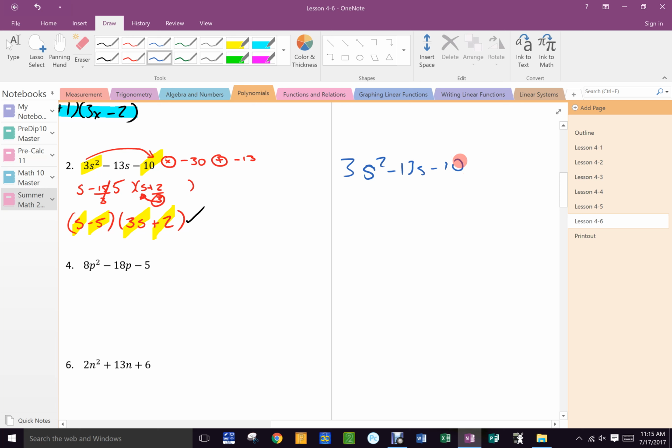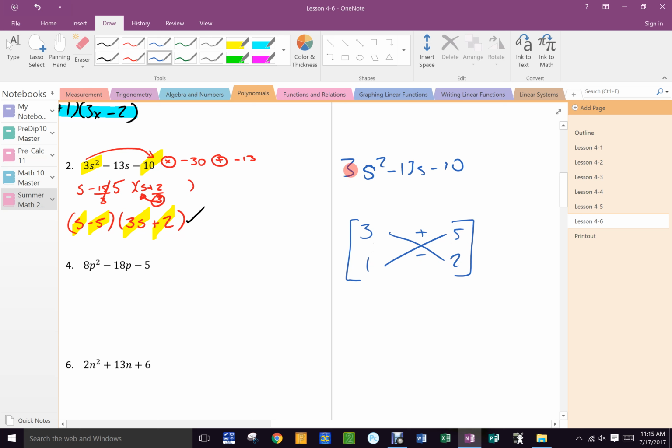You probably learned either this, where you make a box, and you put factors of 3 and factors of 10, and then you crisscross them, and then you have to add or subtract, and then you end up building this big box thing. Gerline, you've seen that?